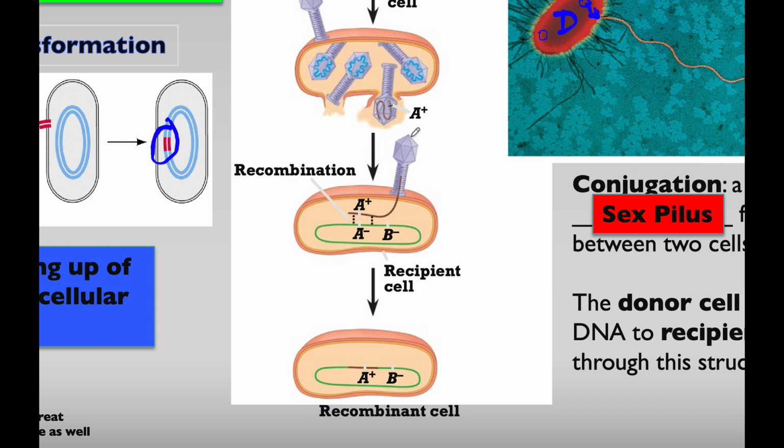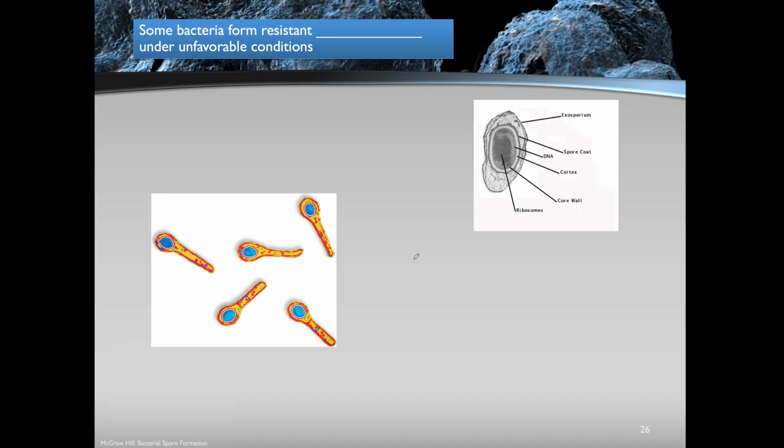When that bacteriophage lands on a new cell and injects its contents on the inside, that content included the A plus gene. So now this DNA here will become part of this recombinant cell, which had the A minus and B minus gene, but now it also has the A plus gene. So whatever proteins that this codes for will now be expressed in what we call this recombinant cell.